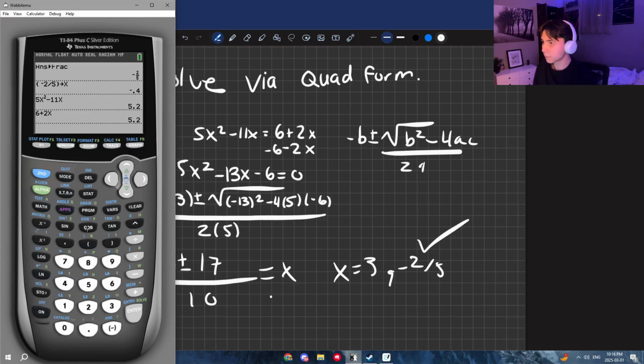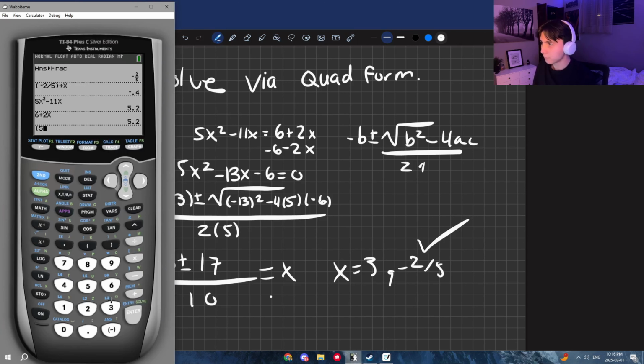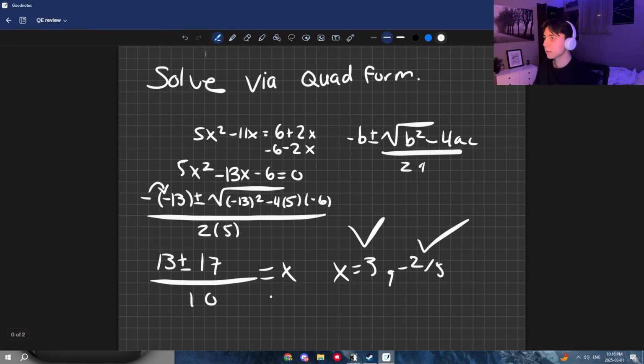Now we can actually test 3. So we have 5 times 3 squared minus 11 times 3. And that should equal 6 plus 2 times 3. And what do you know? Left side equals right side. So these two solutions are going to be correct.